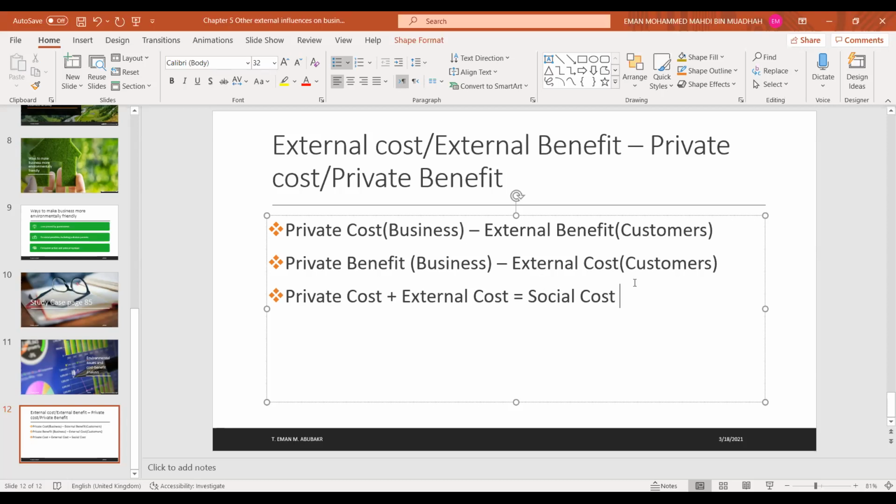So it is this, the social, the society, okay? Because here we speak on customers or people or population or society, and here we talk about the business. So they all make the society, the business owners and the society also. All right, so that equals to social cost.